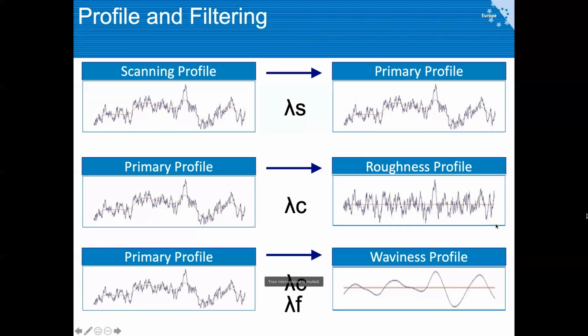While the waviness is a bit more important in optics, because if your glass, like your lens, is wavy, it may deform the image you're about to see. So if you're in the optics field, then waviness might be very crucial for you. If you're in bacterial surfaces, then roughness might be more interesting for you.